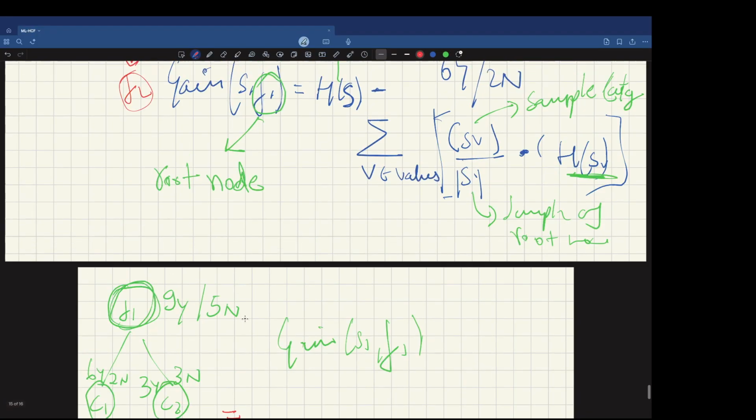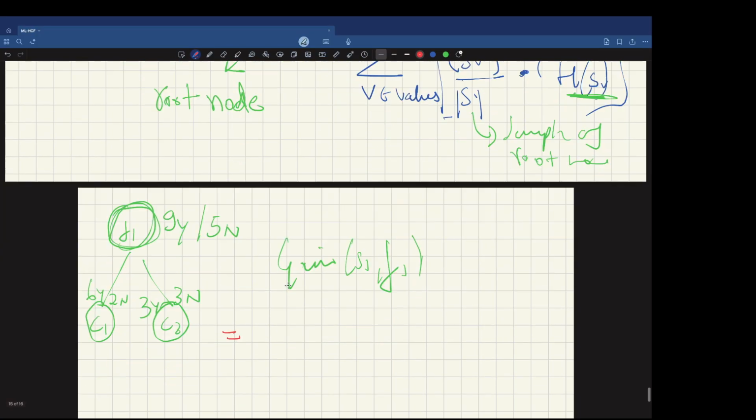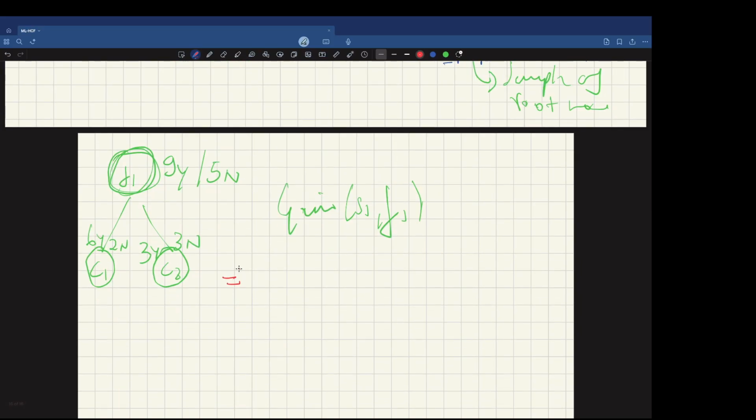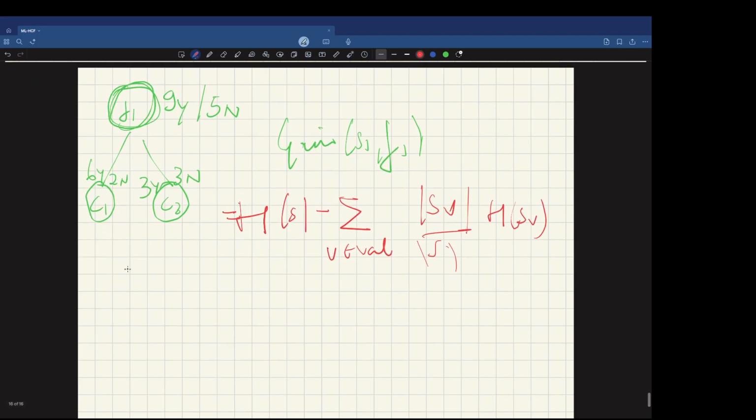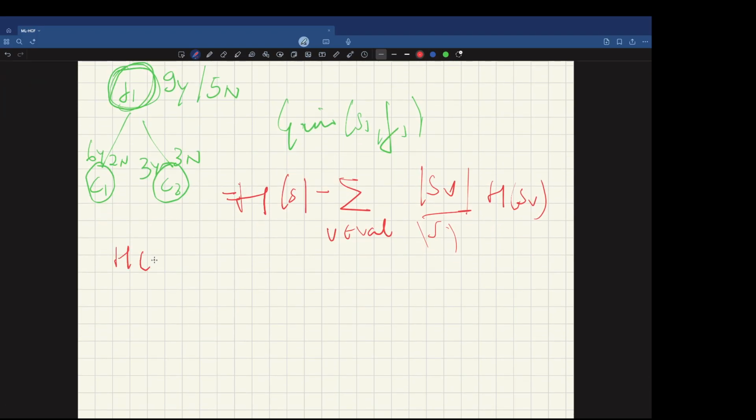First we have to find H of S, so I'll write the formula once again: H of S minus the summation over v belonging to values of |S_v| divided by |S|. Then we'll calculate H of S. What is H of S?